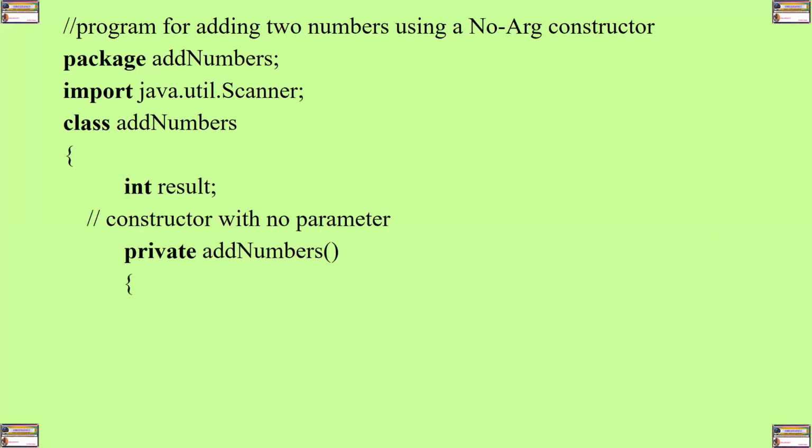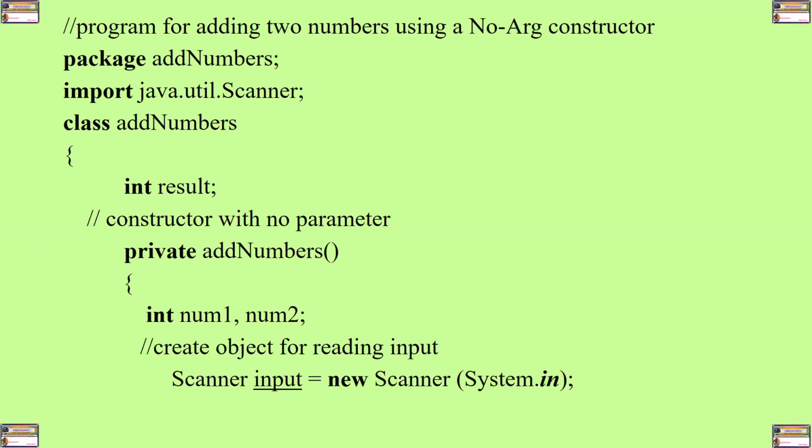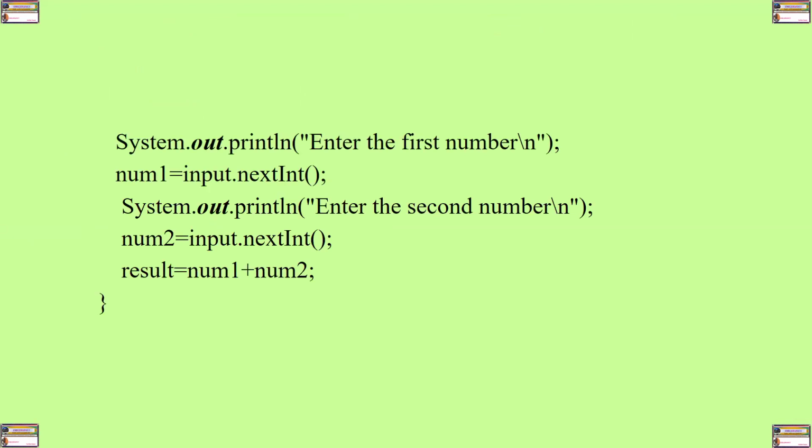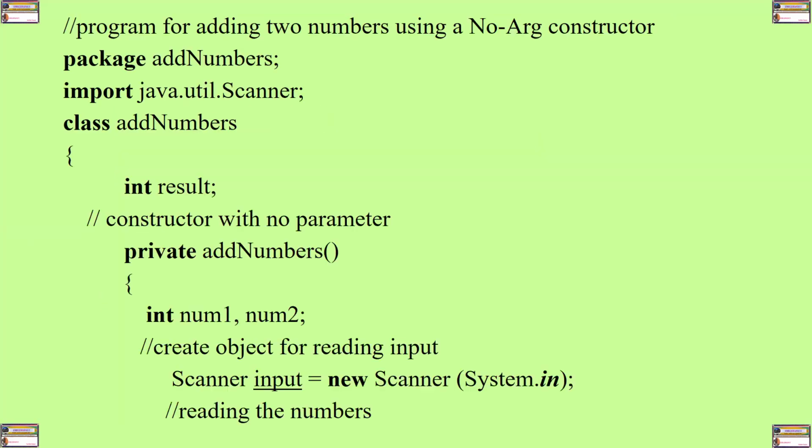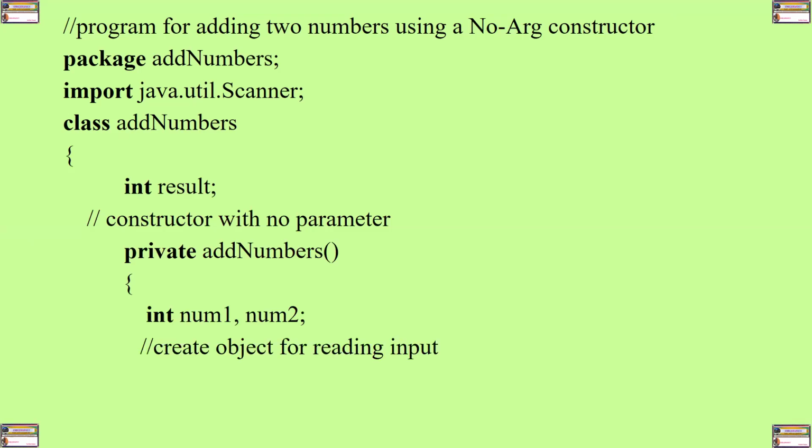If you have a method with the same name as the class in which that method is defined, then that method is said to be a constructor. And therefore, the rest of the program remains just as we have been doing before. That's how we implement a program with a constructor that has no parameters.